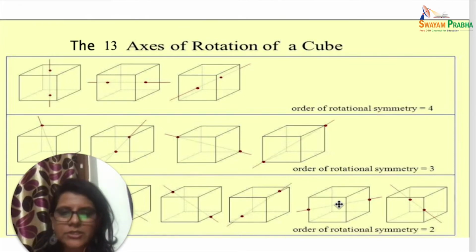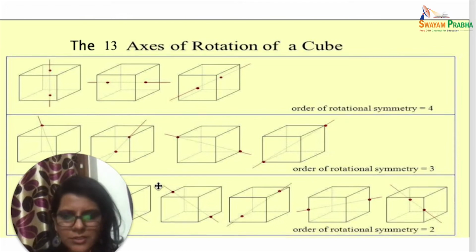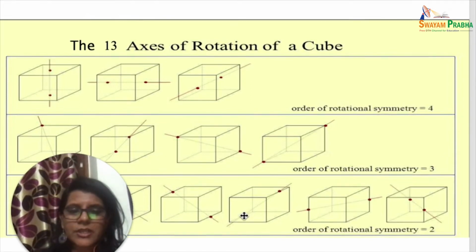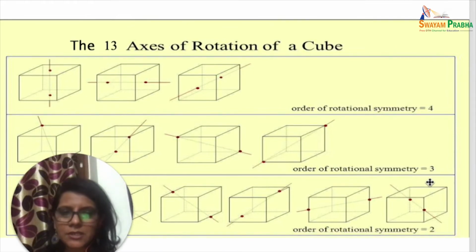There are 12 edges, so six pairs. So the center of two opposite edges, one at the top and one at the bottom. These are twofold rotational axes of symmetry. So these are the kinds of rotational axes of symmetry that are there in a cubical structure. So how many of these are there? 13. There are fourfold axes of symmetry, threefold axes of symmetry, and twofold axes of symmetry.